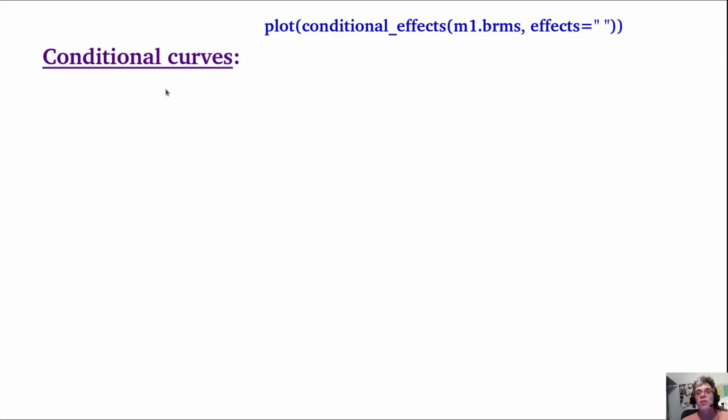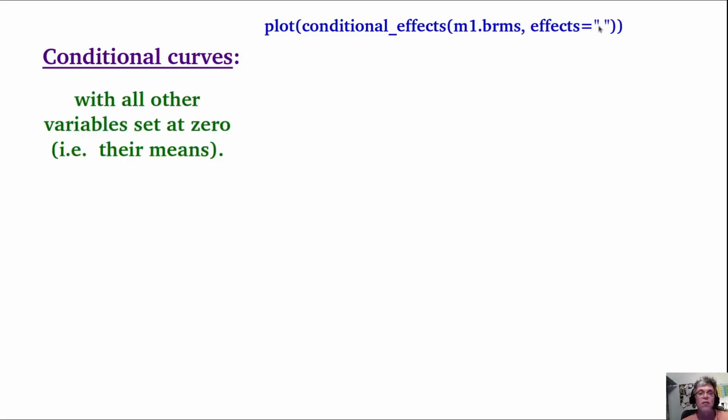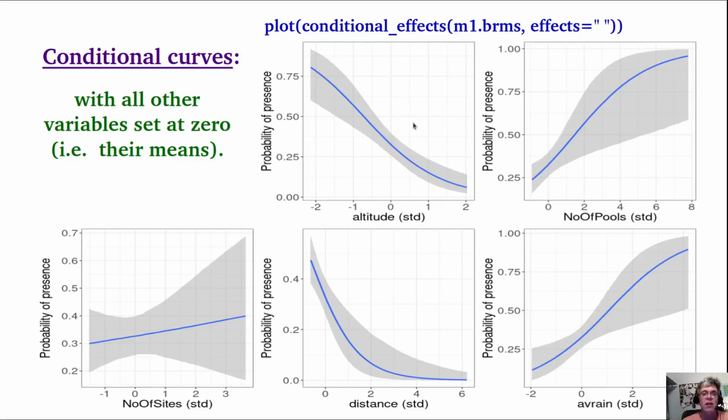Finally, we obtain the conditional curves, in which the essential command is plot conditional effects from the package rms. Here we simply add the explanatory variable for which we want the conditional effects, changing the name that we add between quotes for each of the variables, and this yields the predicted probability distribution for each of these explanatory variables, while setting all other variables to their means, and we obtain this type of predicted curves, in which we essentially see that as altitude increases, probability of presence declines.